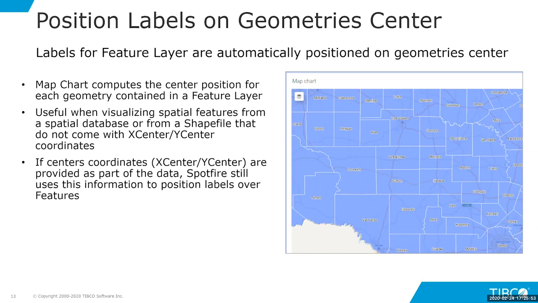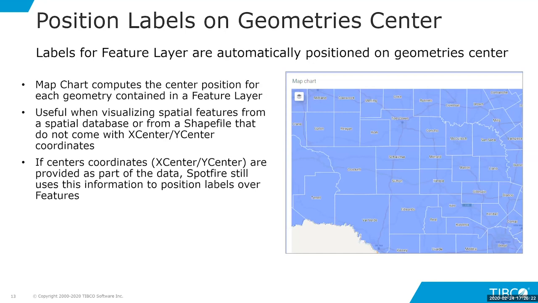That happens sometimes, especially if you are visualizing features that are coming from external data sources, like perhaps Oracle, SQL Server or Postgres databases that have some spatial features. And if the data there misses the X center or Y center, then you couldn't label the shape before.